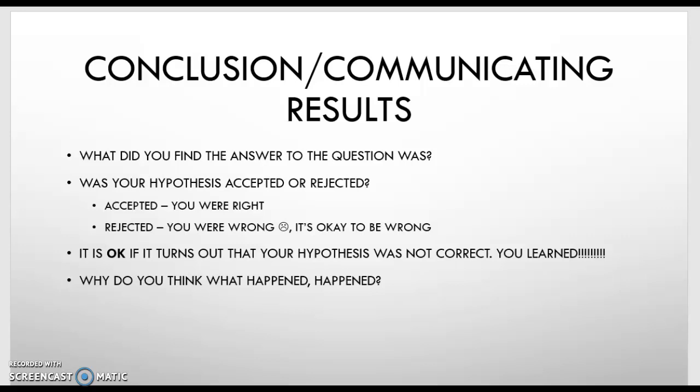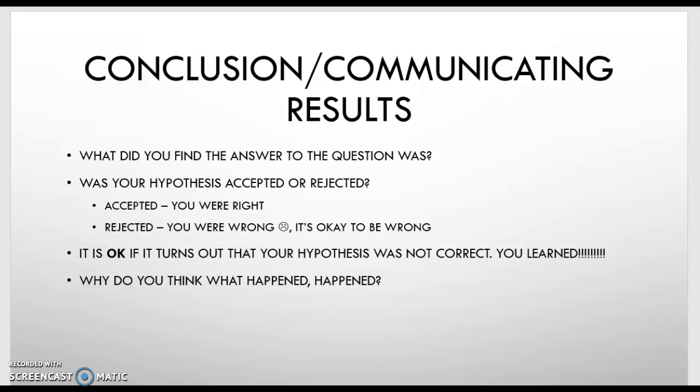Right. Now we're going to talk about the hypothesis and how that relates to our conclusion. So we make our if-then statement, right? We make our hypothesis. And now that we've finished all of our testing and our experimenting, we need to figure out, was our hypothesis accepted or rejected?